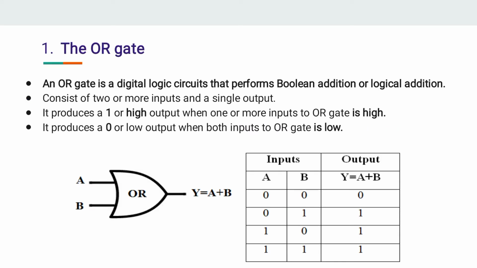The first one, OR gate. An OR gate is a digital logic circuit that performs Boolean addition or a logic addition. The main operation done by the OR gate is the Boolean addition. Again it consists of the two states, low or high.